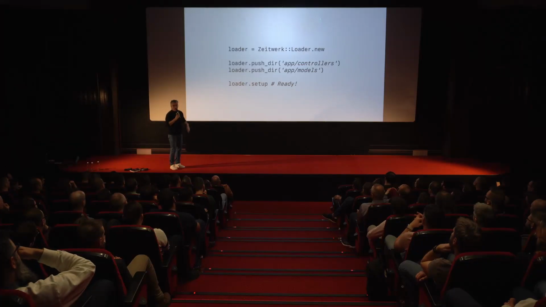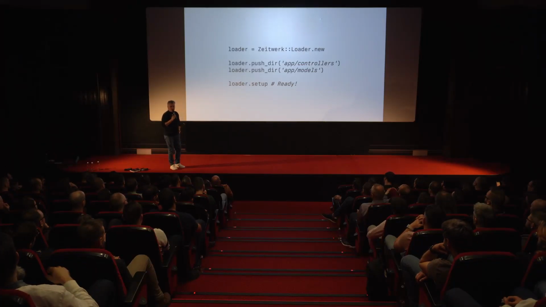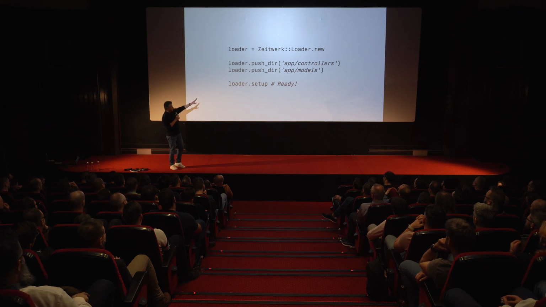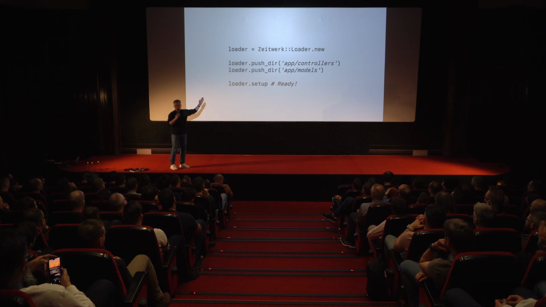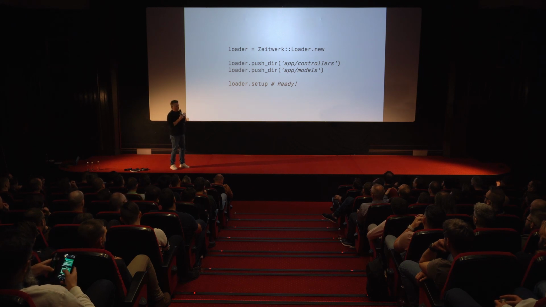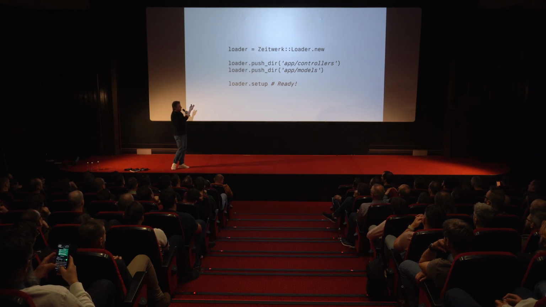This can be done in any Ruby project. It doesn't have to be Rails or a gem, doesn't matter. As long as below those directories you follow the naming conventions, it's all you need. It's going to work. Those directories, I wrote app/controllers and models so that they sound familiar, all right? But we are not in the context of a Rails application. This is just examples, all right? Those represent the top-level namespace.